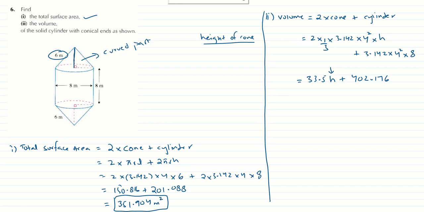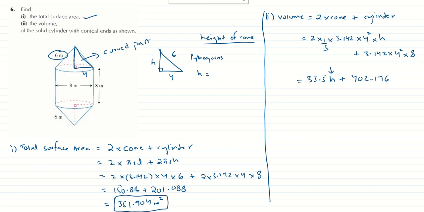Now if you observe, this is a right angle triangle in which this is height, this is the slant height, which is 6, and this is the radius, which is 4. So when you apply Pythagoras theorem, you can find out the height.